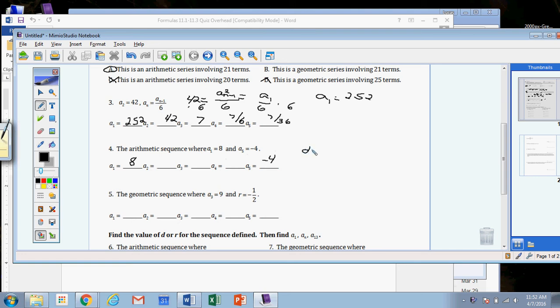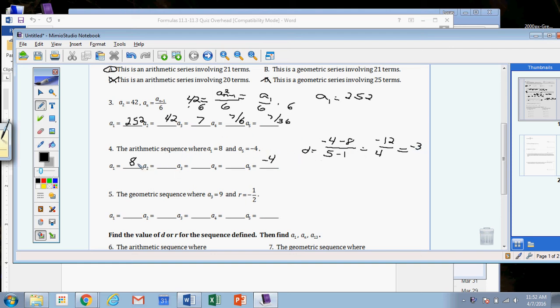Let's try and find our d, right? So our d is just going to be negative 4 minus 8 all over the difference of the term numbers. So 5 minus 1. And that gives us an answer of negative 12 over 4 or negative 3. So we know our d is negative 3.